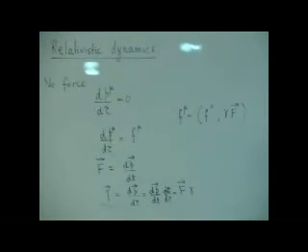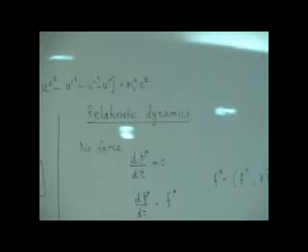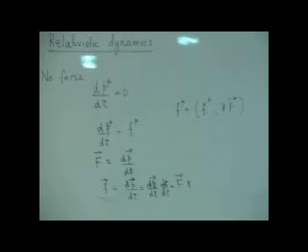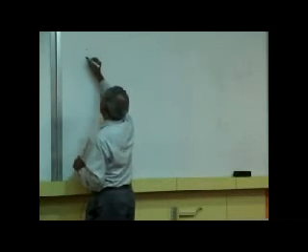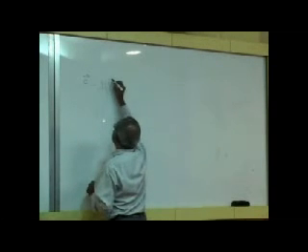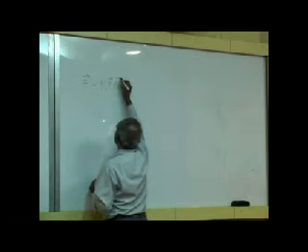Let's now take an example. If I have a charged particle moving in a magnetic field, then my force F for a charged particle moving in a magnetic field is Q times V cross B. We know this.